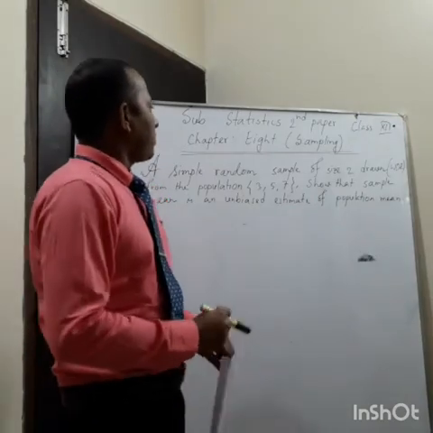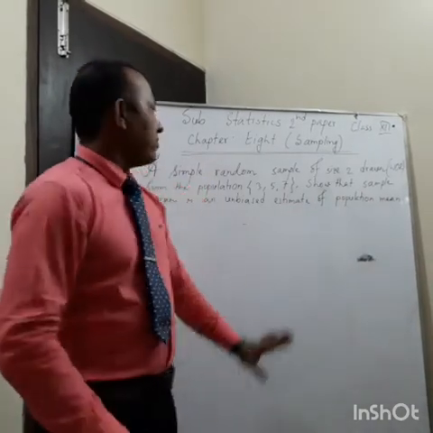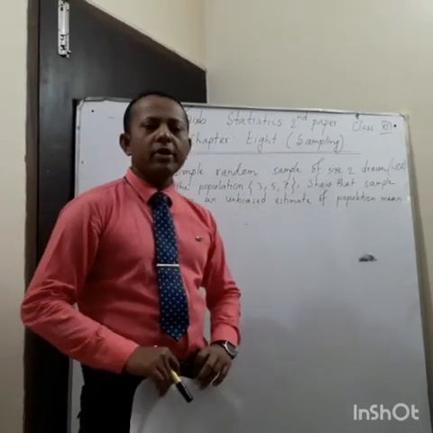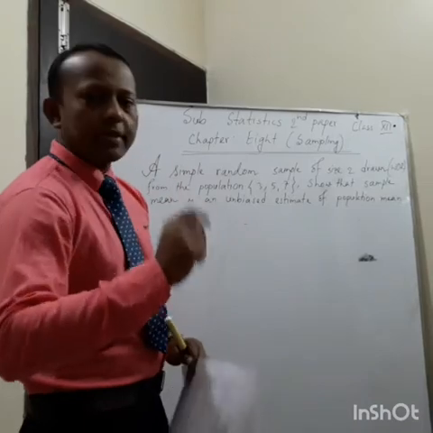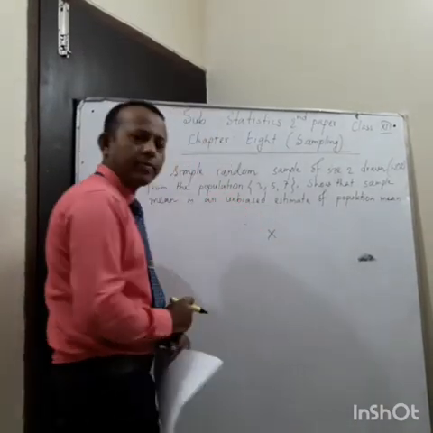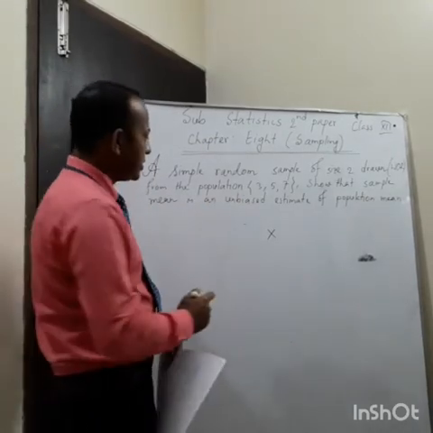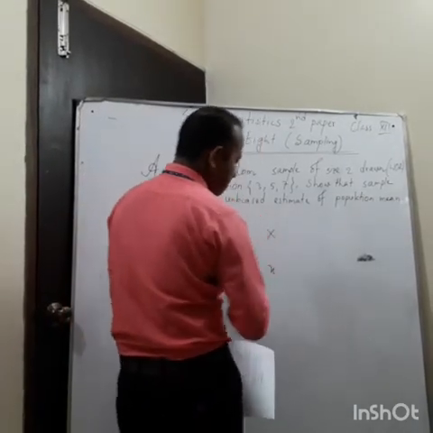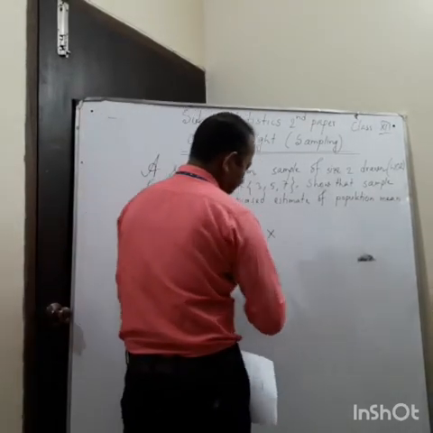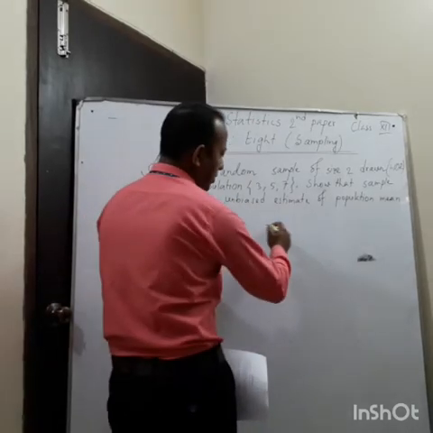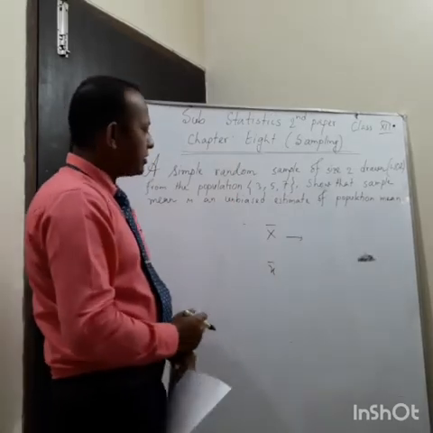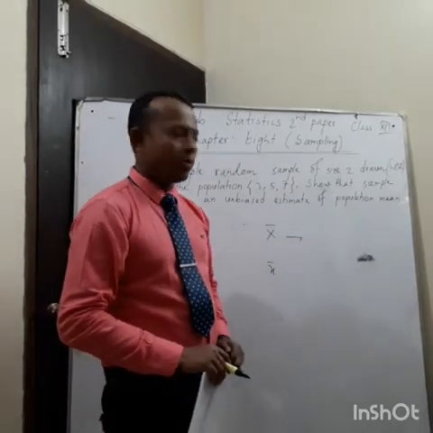Before going to solve the problem, I would like to state the mathematical form of the question, that is, show that the sample mean is an unbiased estimator of the population mean. Let us consider the population is denoted by capital X and the sample is denoted by small x. The mean of capital X is X bar, and this is also x bar. So capital X bar is the mean of the population and small x bar is the mean of the sample.